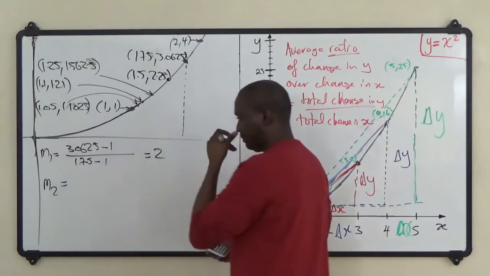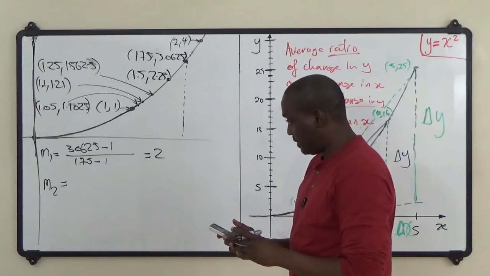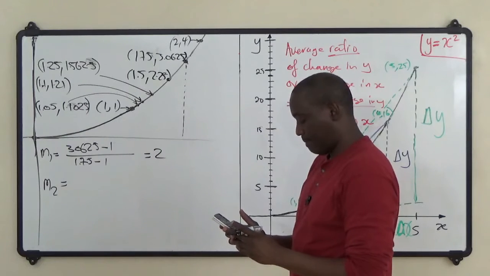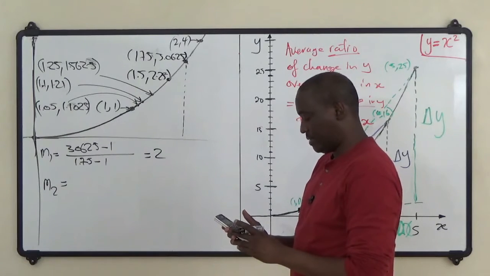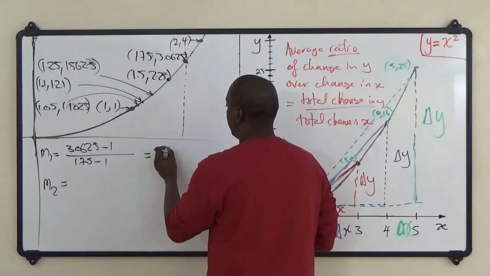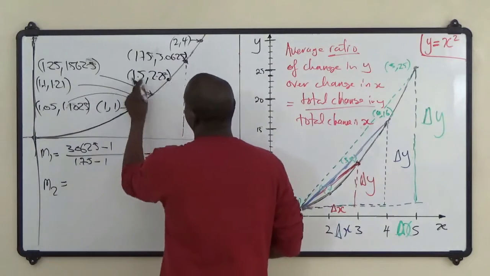Oh, come now, man. That'll be minus 1. That'll be 2.0625 divided by 0.75 equal 2.75. So the gradient here is 2.75.